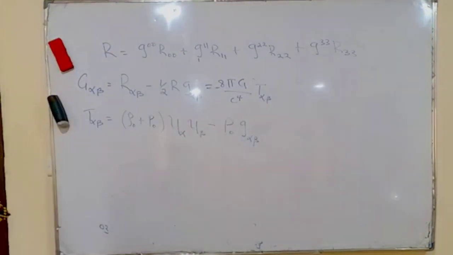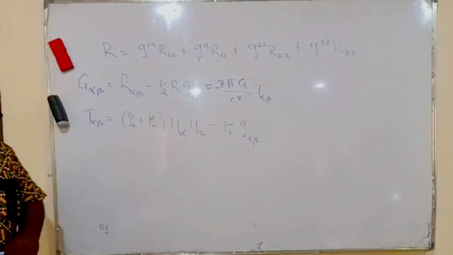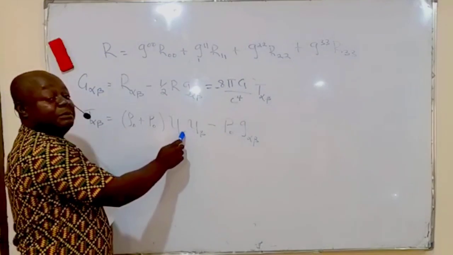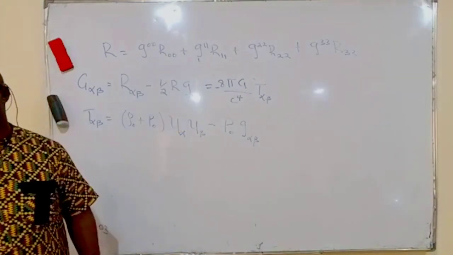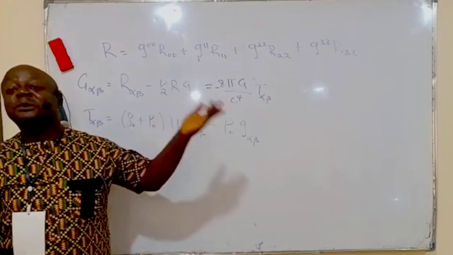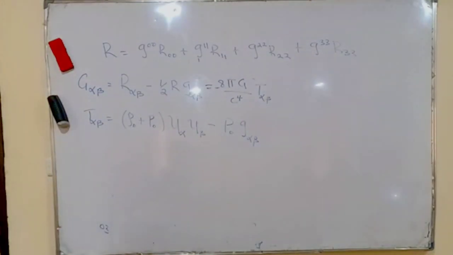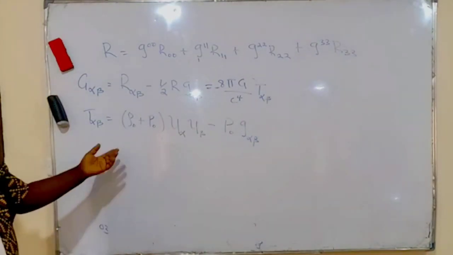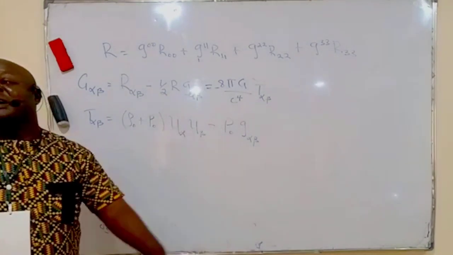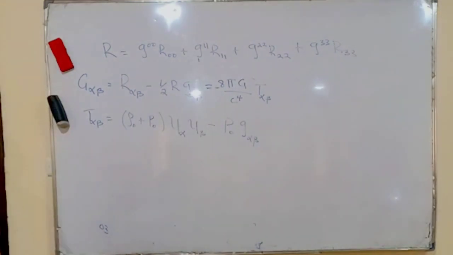Then only maybe U1 will survive and the other U's will go. From there you will simplify your equations, and then you can start solving them.